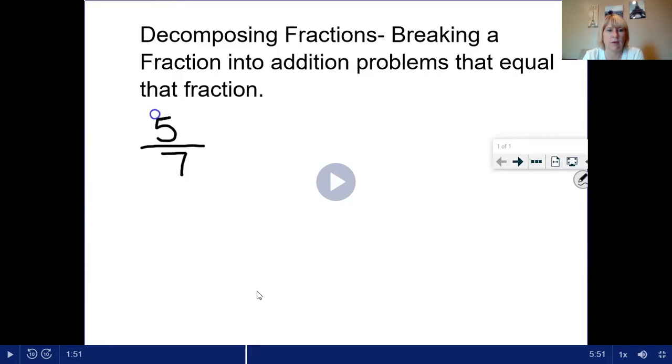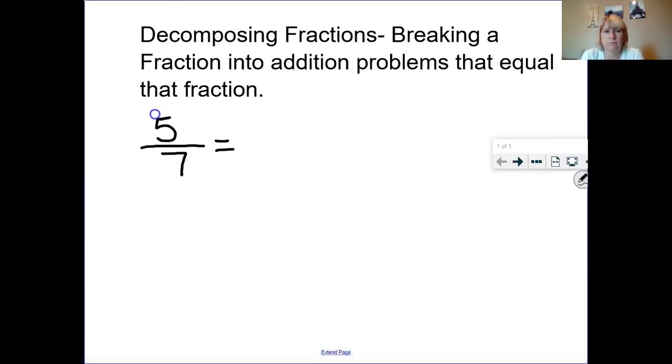Okay, I'm going to go ahead and get the video started back up and see if any of your addition problems match mine. So what is an addition problem that equals 5? Well, I know an addition problem that equals 5 is 4 plus 1.